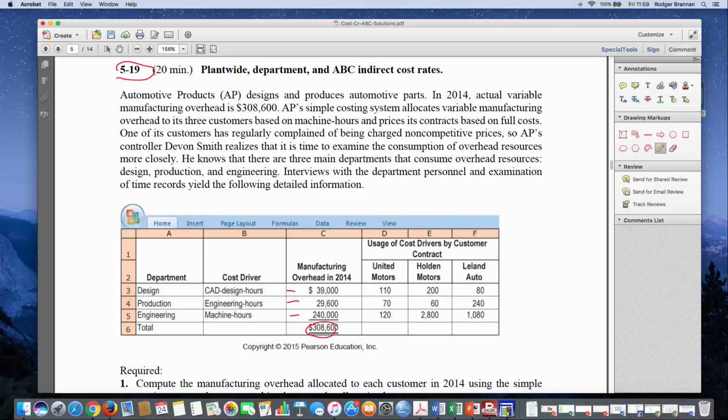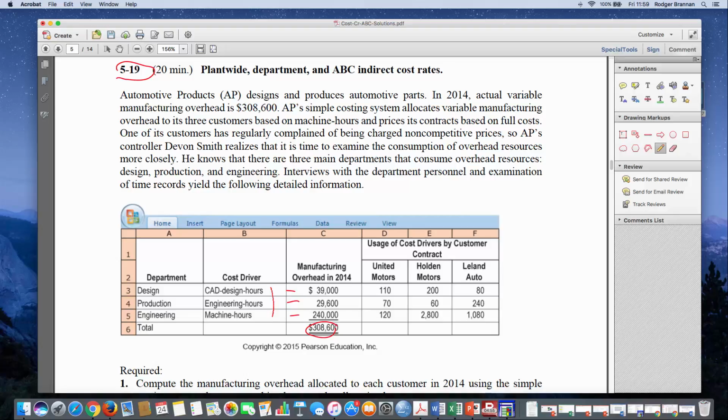Again, going back to some of the theory, these are, in a sense, unit level, batch level, or product level type of cost. Then design costs would be made up of several different indirect costs. Production would be made up of several different production-related costs. Same thing with engineering.